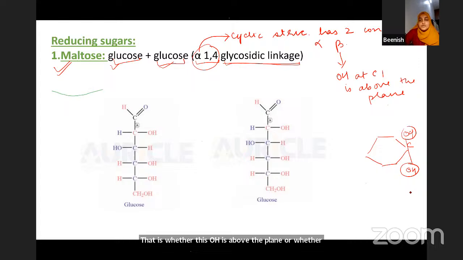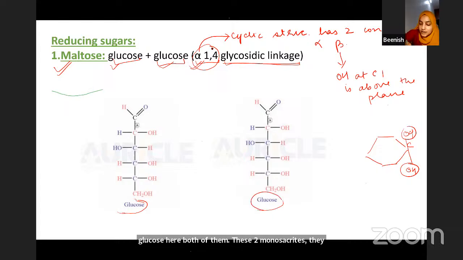If the two compounds involved in the linkage are both in alpha conformation, we say it is alpha linkage, and if both are in beta conformation, we say it is beta linkage. So here we are saying alpha linkage. That means these two monosaccharides are in alpha conformation.